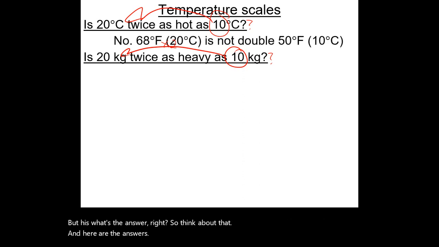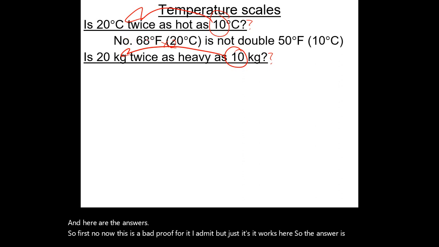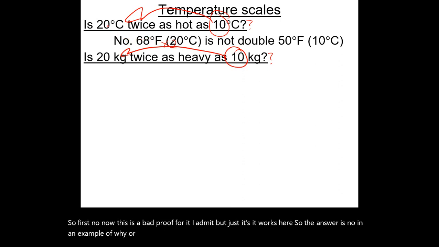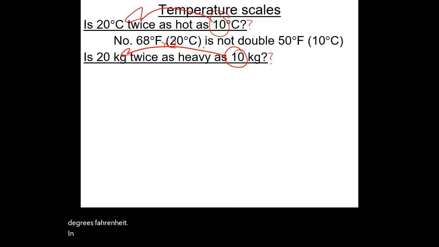So first, no. Now this is a bad proof for it, I admit, but it works here. The answer is no, and an example of why is that if you convert 20 degrees Celsius to Fahrenheit, you get 68 degrees Fahrenheit. And that is not double 50 degrees Fahrenheit, because 50 degrees Fahrenheit is 10 degrees Celsius.